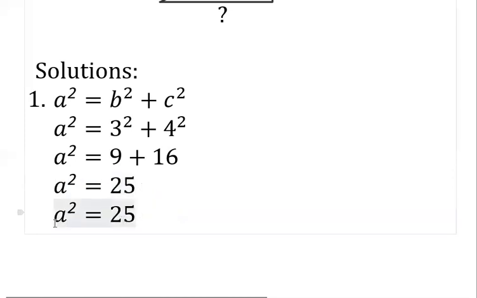Now we are looking for a. How are we going to solve this out? All we need to do now is to square root both sides, because with square root we can cancel out this square. So let's get a template that we're going to make use of here. We need a square root this time around.